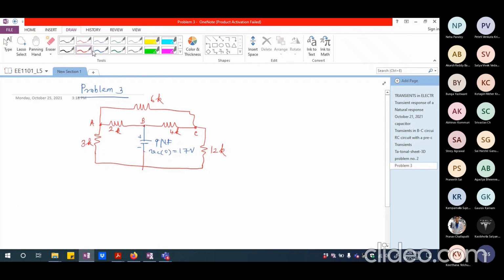So let me write the node equations. The equation at node A: whatever is the voltage at node A, VA, divided by 3K, because if I assume this is the ground, this is going to be 3K.